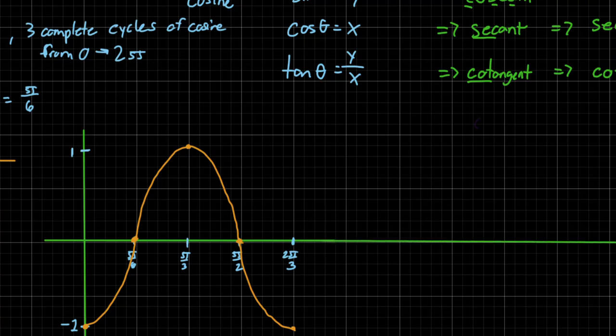Keep going all the way up to 2 pi. You can go in the negative direction too.